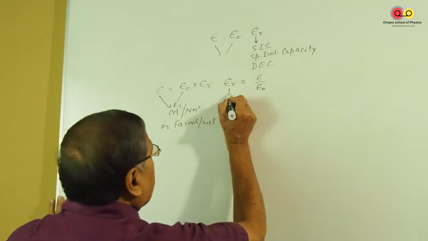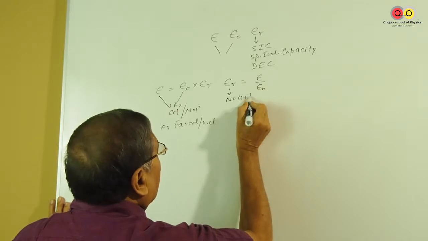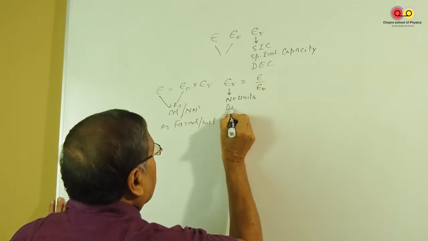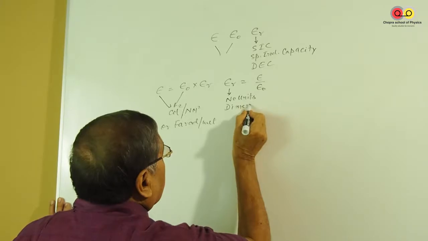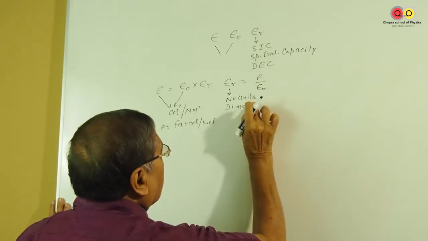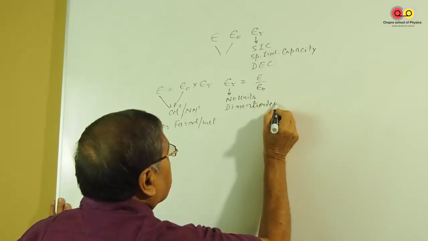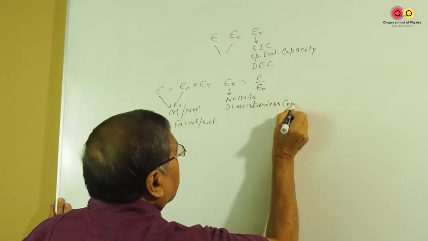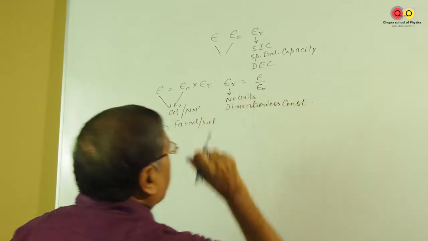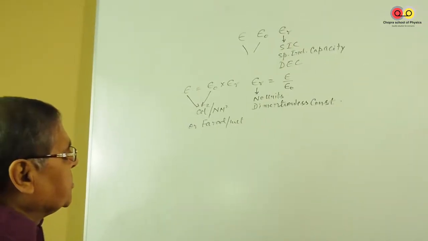So, dielectric constant has no units, it is a dimensionless constant. For relative permittivity there will be no dimensions.